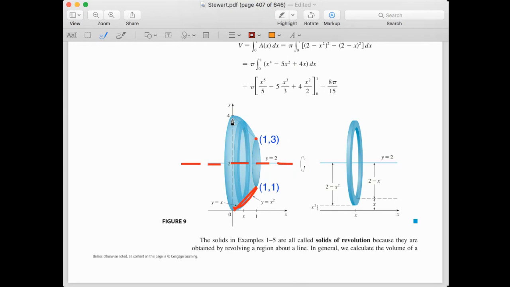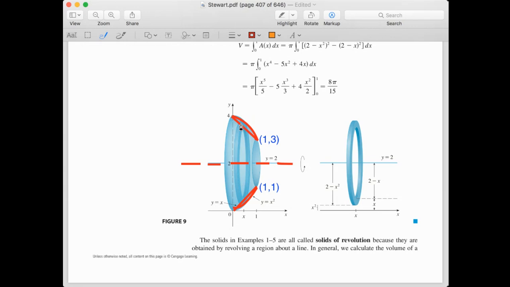So let's see. We see the symmetric piece. This is a region, and we're rotating this piece of region over the line y equals 2.